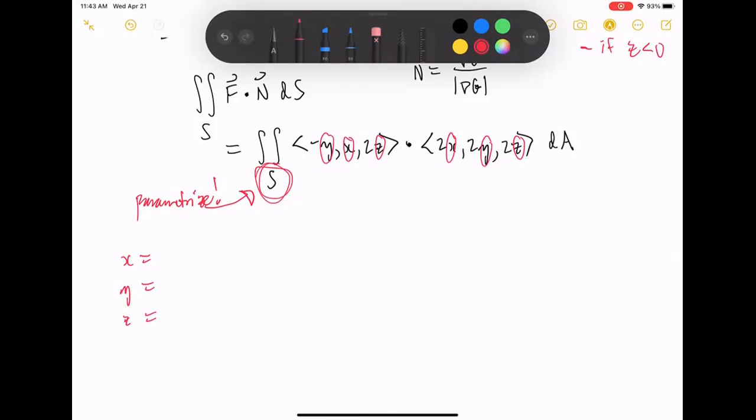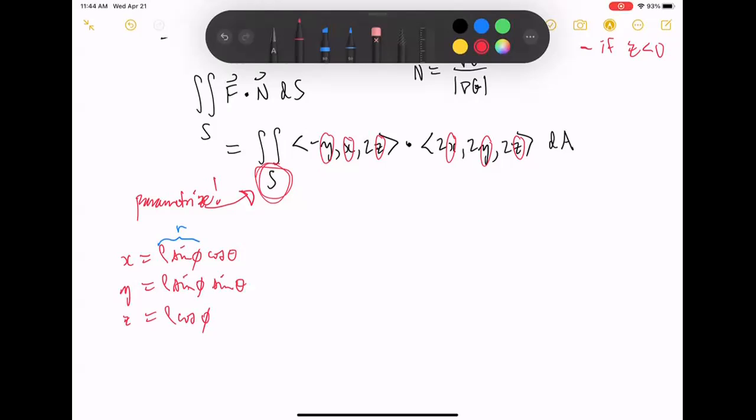x equal to rho sine phi cosine of theta, because after all, what we discovered was that rho sine phi was really just r, right? y was equal to rho sine phi sine of theta. And what was z? Rho cosine of phi. That's exactly right.